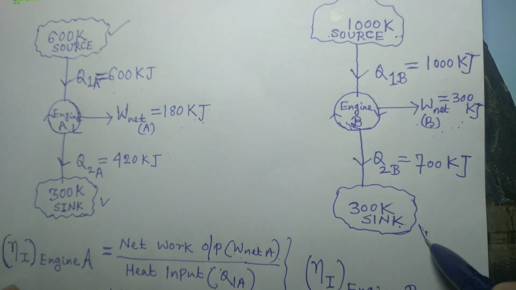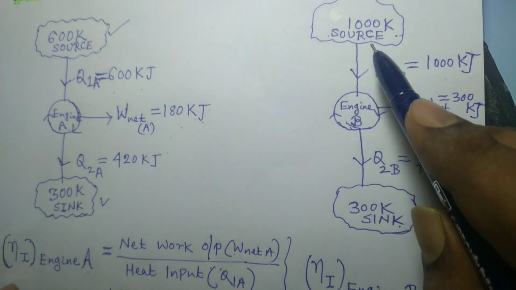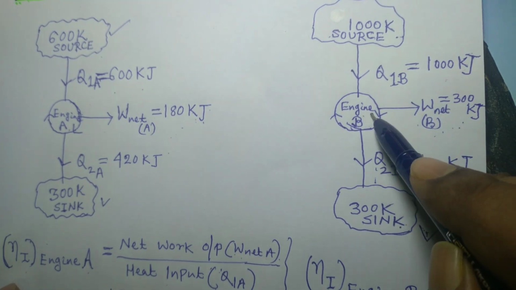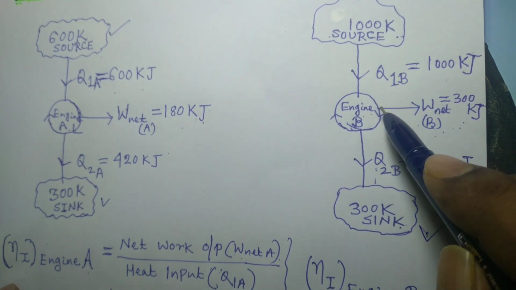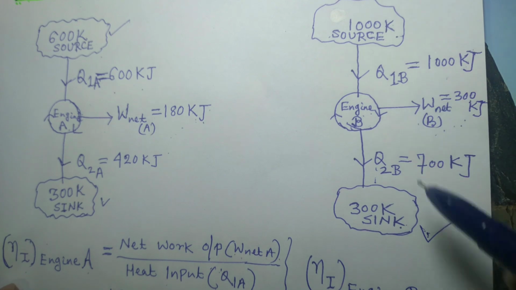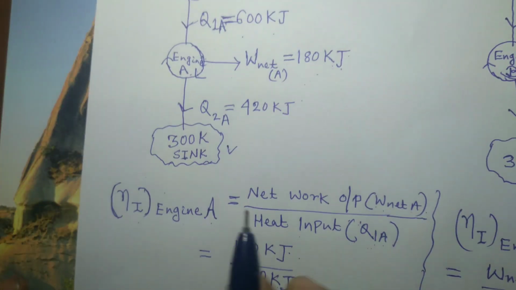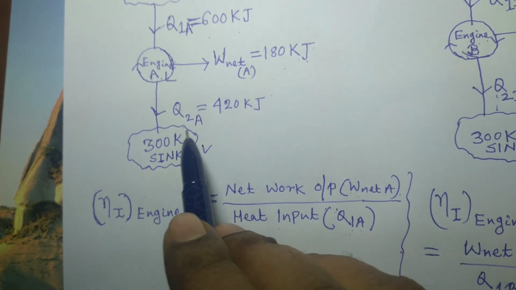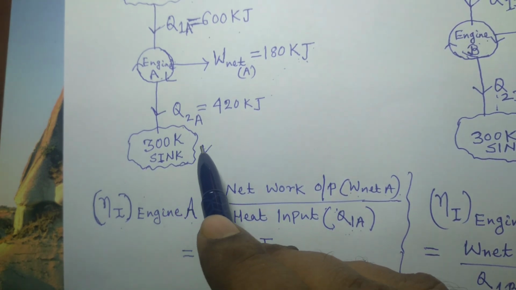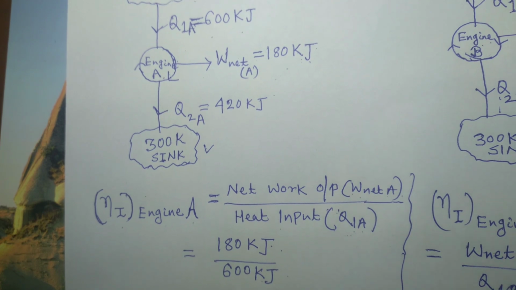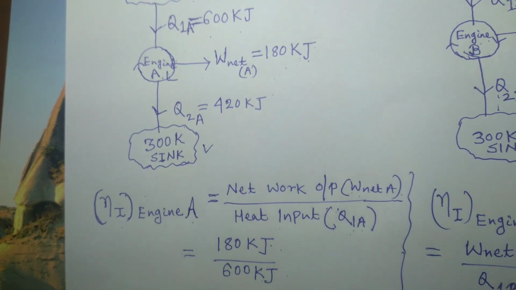So its potential is that it can achieve 70%. Under the given conditions, if engine B operates in a reversible manner, it can attain an efficiency of 70%, but it has achieved 30% only. On the other hand, engine A has the potential of achieving 50% efficiency, whereas it achieves only 30%.